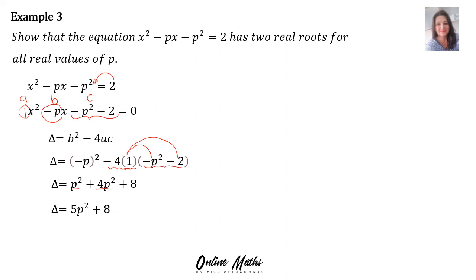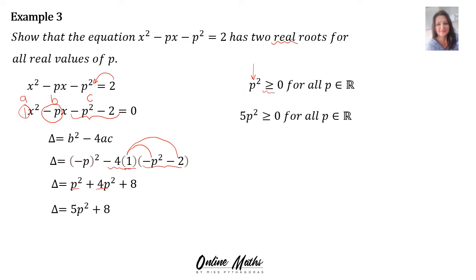Now that you know what delta is, we have to show that the equation has real roots. So what you do is you say b squared is greater or equal to 0 for all values of b, element of the reals. That means it doesn't matter what value you substitute into b's place, the square will make it positive, in other words, greater than or equal to 0.